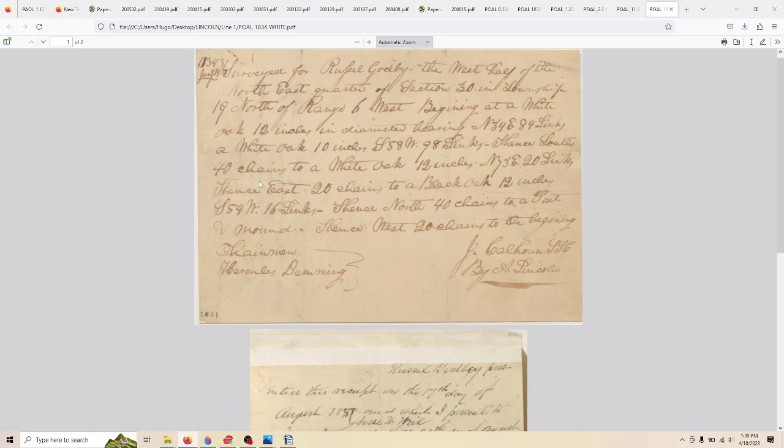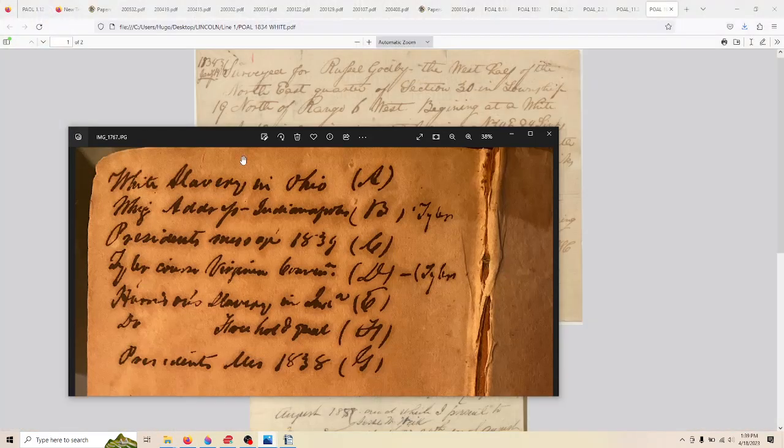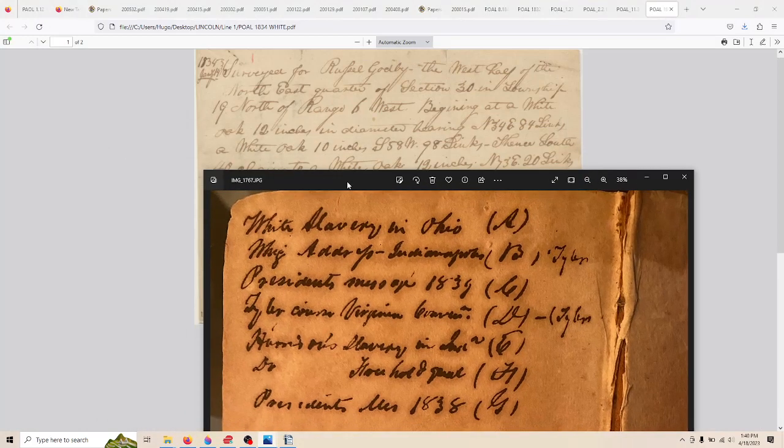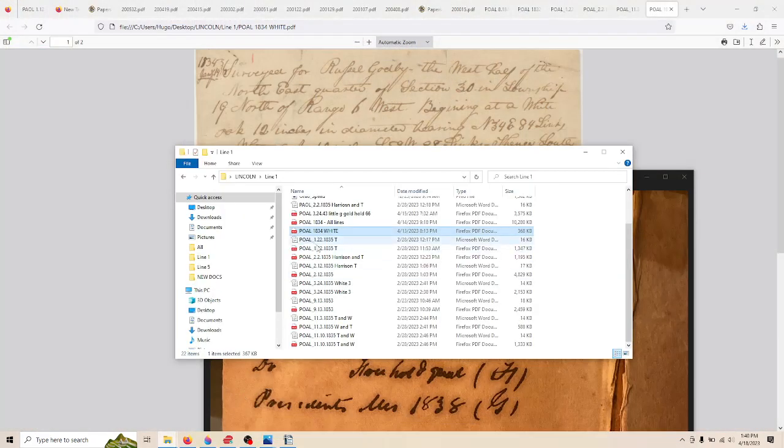So here's an example. You see the E? Here's an E. Here's an E. That's one example. Here's another example. 1835, same year.